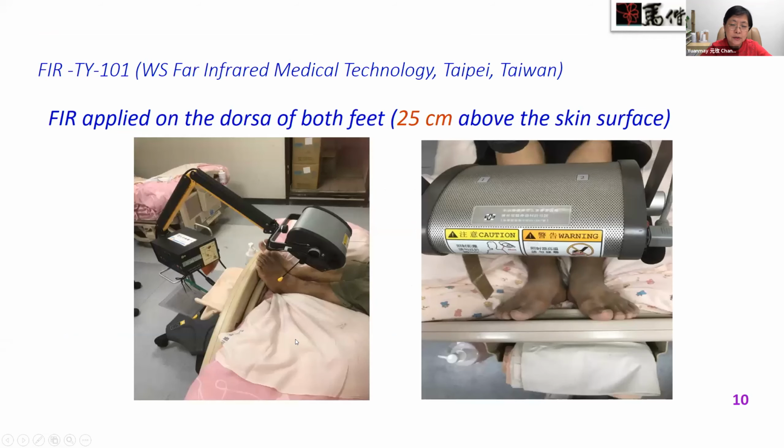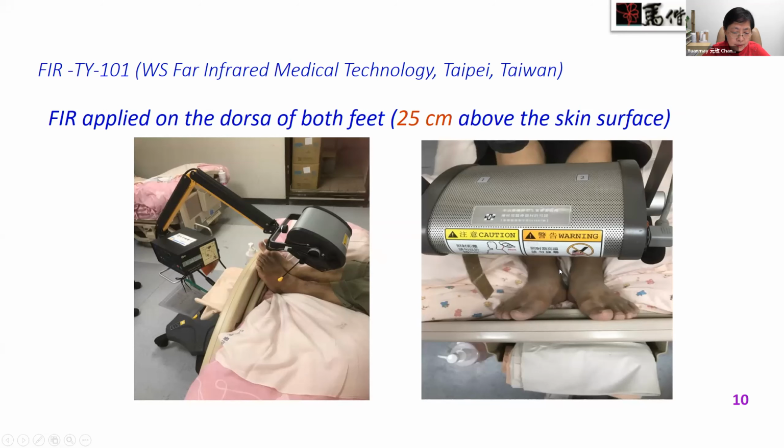We can see the radiator. This comes from Taiwan, the FIR-TY 101. We apply it on the dorsal of both feet at 25 centimeters from the skin surface.